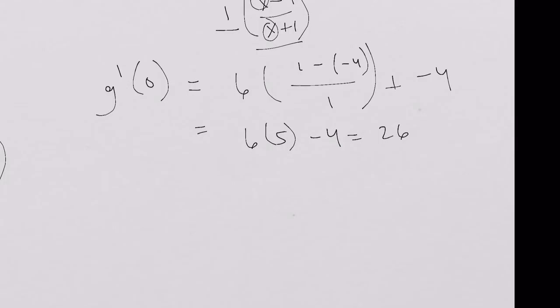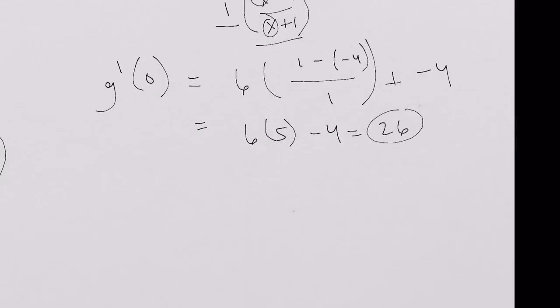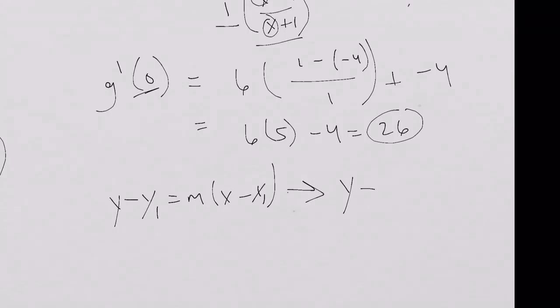So now that I have this slope of 26, when my x value is 0, I use my point slope form to help me out. And so that gives me y minus my y1. Again, they gave me the point 0, negative 24.